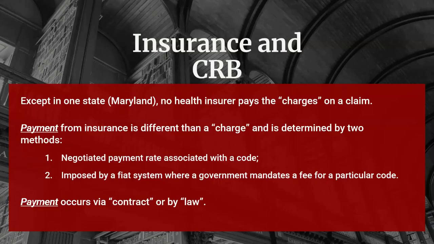For government health plans, the payment rate for a particular code is imposed by fiat. So the government mandates that this is what we're paying. And that mandated payment amount is always going to be lower than the charge rate. So payment is different than a charge, and payment occurs via either a contract with a commercial insurer or by law, by fiat, by the government.